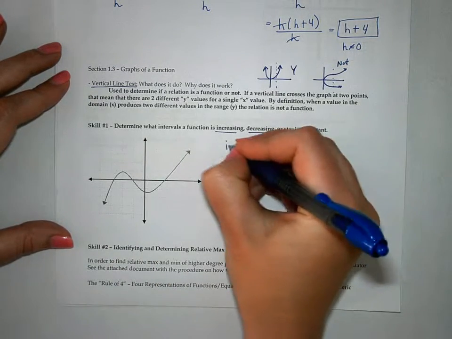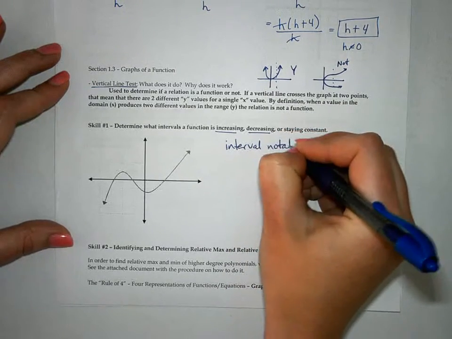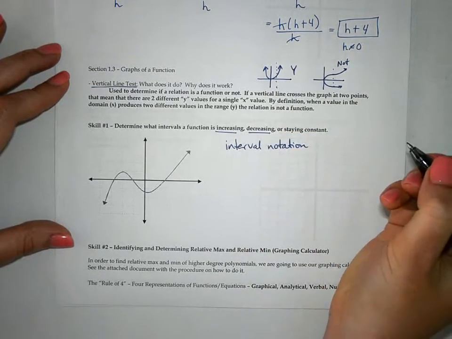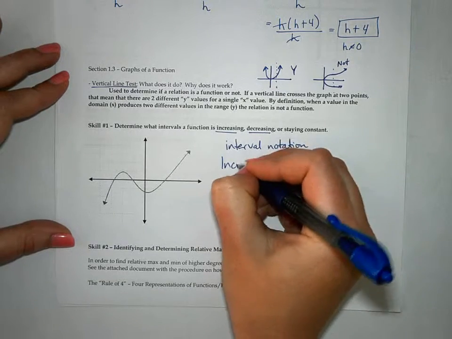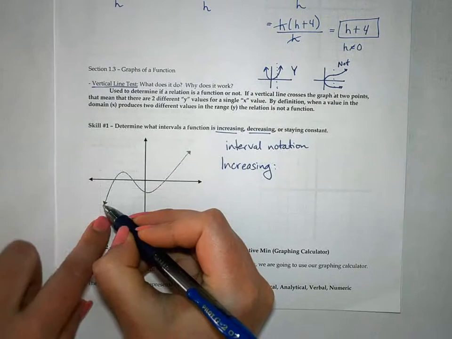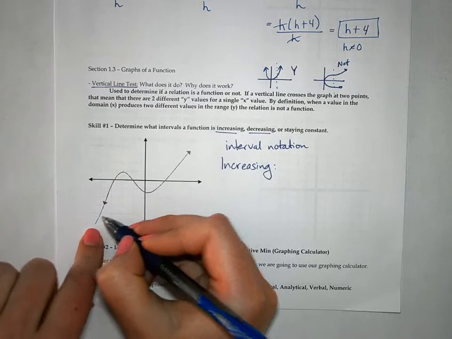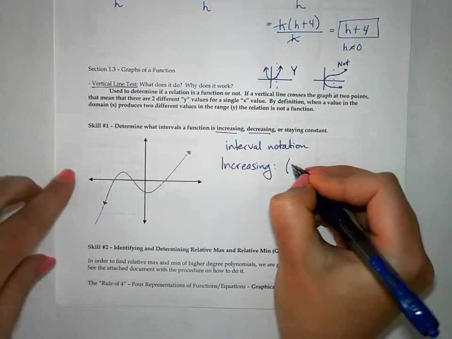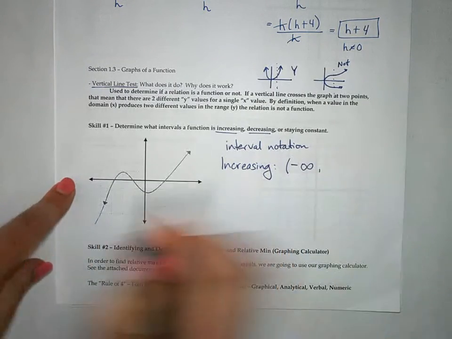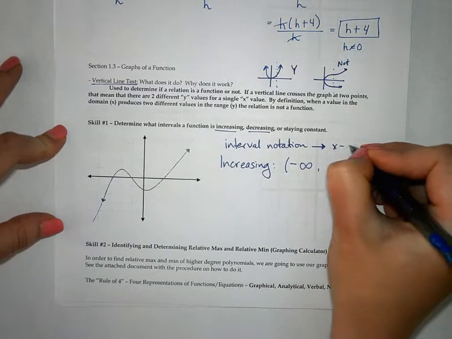We use interval notation to help us describe these places on a graph. So increasing, this arrow tells us that we're going to continue in this direction on to infinity. So from negative infinity on the x-axis all the way over here, again, interval notation are always x-axis variables.